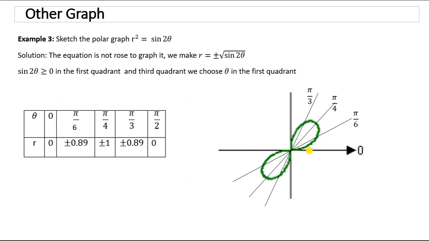I start from theta 0, pi over 6, pi over 4, pi over 3, pi over 2, and stop, because sine 2 theta is positive in the first quadrant; if I choose theta in the second quadrant, this function is not defined.